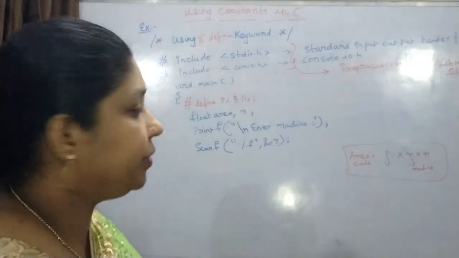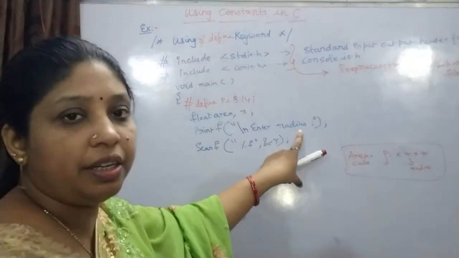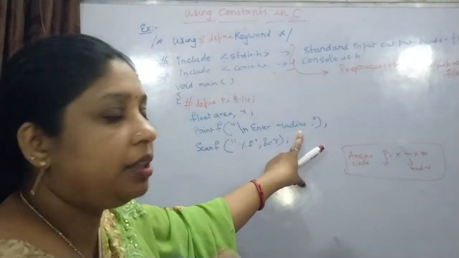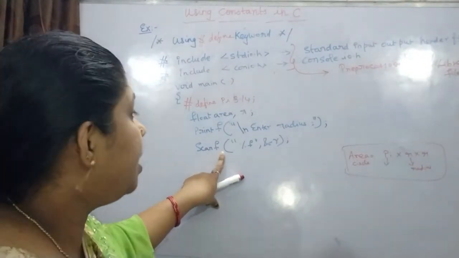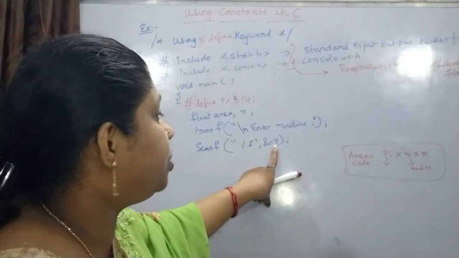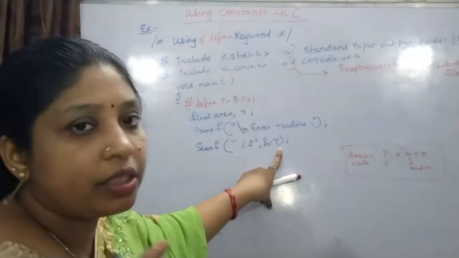Understood? When you give this statement asking to enter radius, you will enter some input. That input is read by the scanf function, and that value is stored in this r. With this ampersand, this is the syntax of the scanf function.